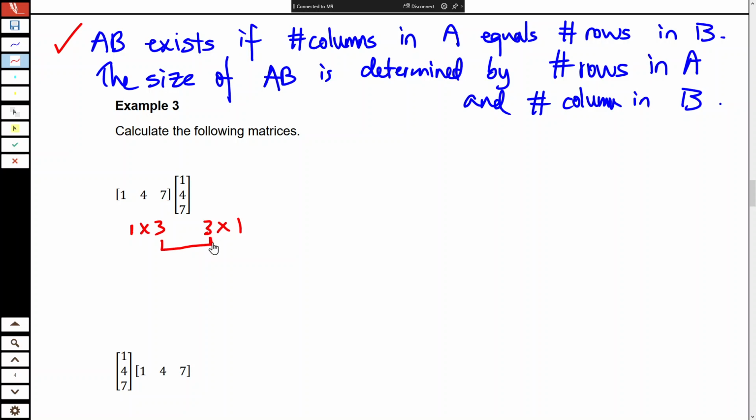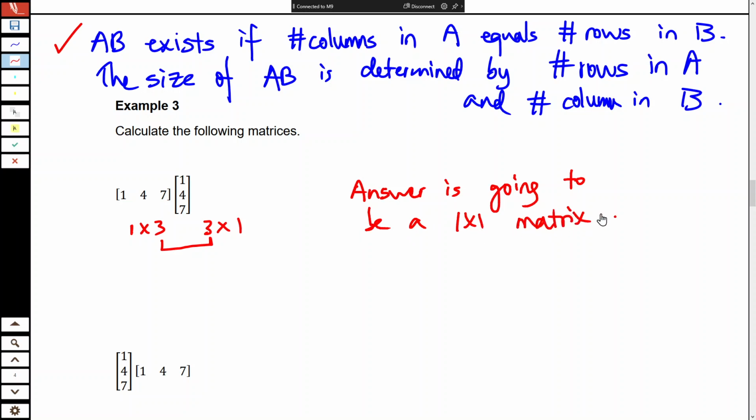How big is the matrix going to be if I multiply these two matrices together? You look at the outside. The answer is going to be a 1 by 1 matrix. Why? Because there is one row in the first matrix and one column in the second matrix.